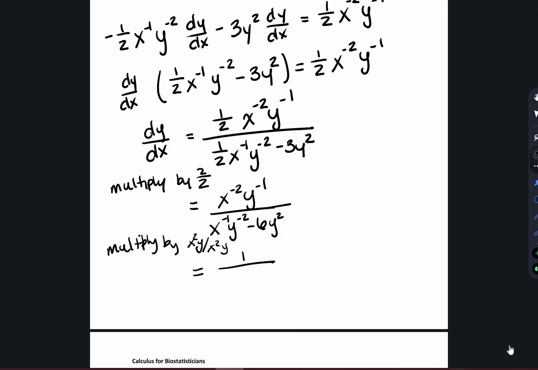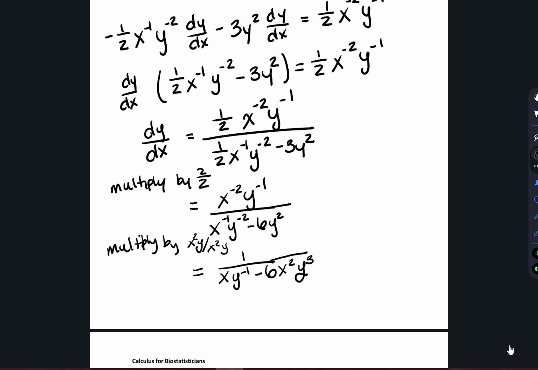Now x squared times y times x to the minus 1 times y to the minus 2, that is going to leave me with an x times y to the minus 1, and then we're going to have minus 6 times x squared y cubed.